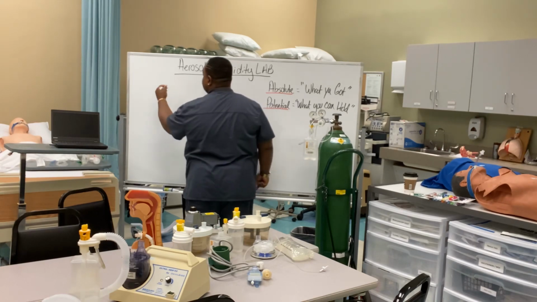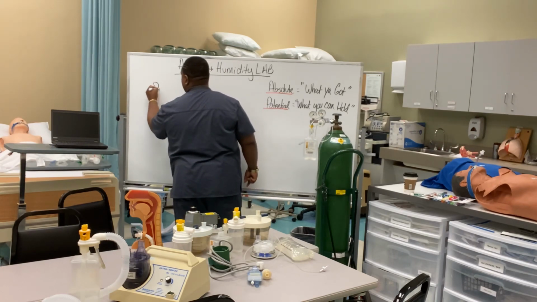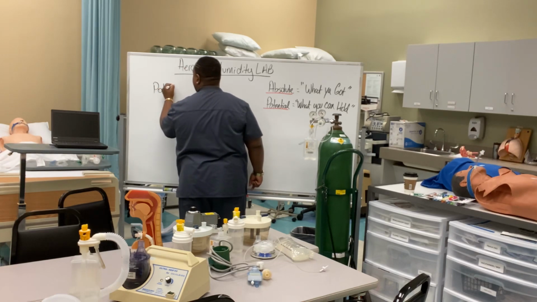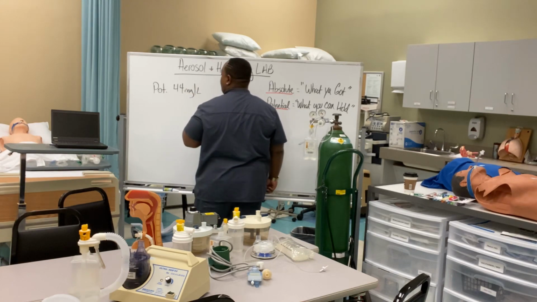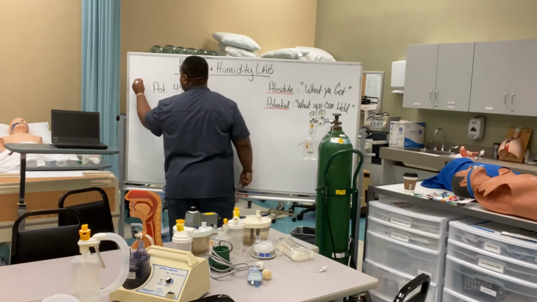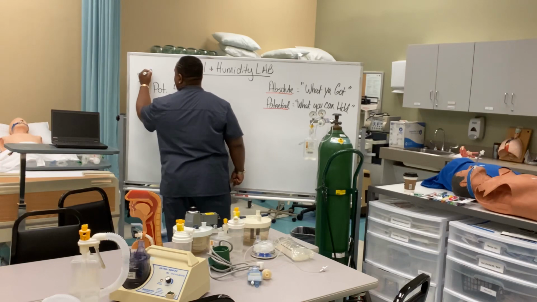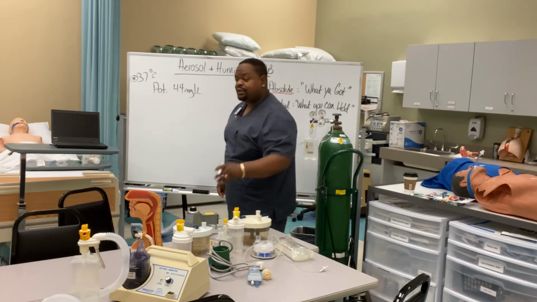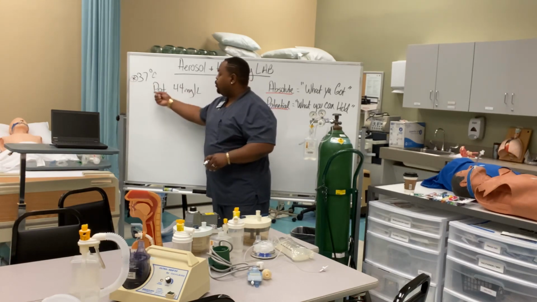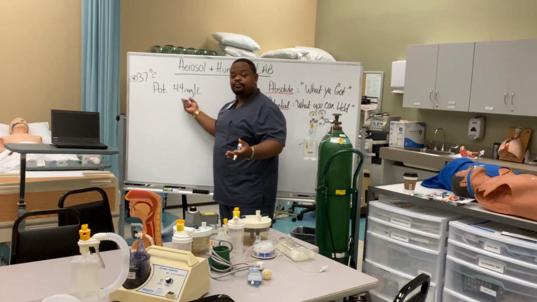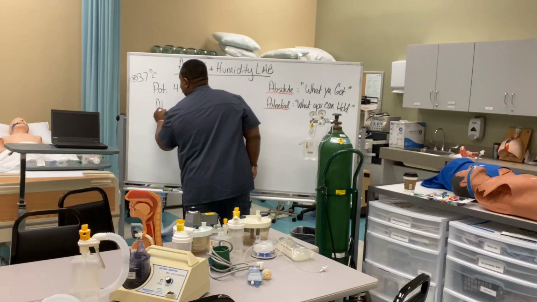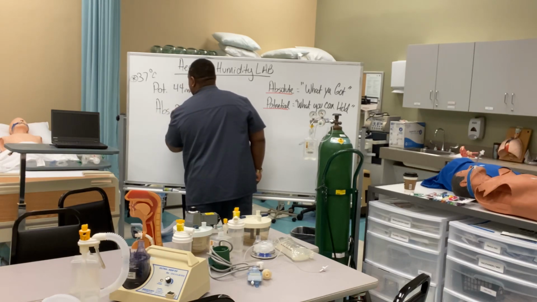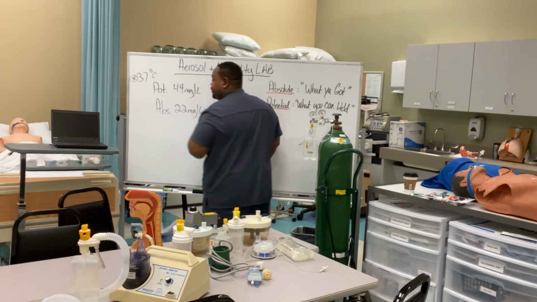Say you have the potential to hold 44 milligrams per liter of water at 37 degrees Celsius. At 37 degrees Celsius, you have the potential to hold 44 milligrams of water. But when I check you, you only have an absolute of 22 milligrams per liter of water.